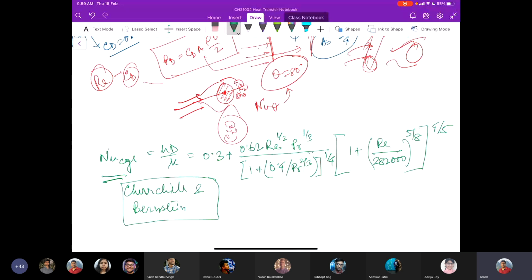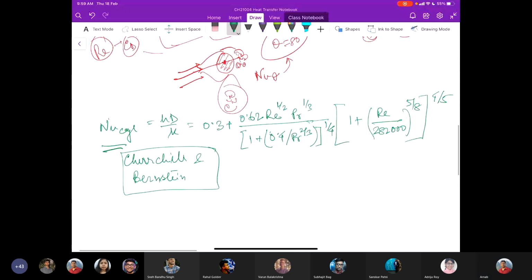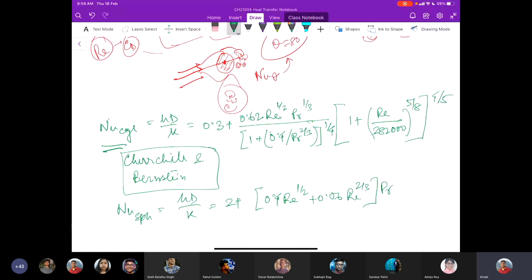So similarly, there are several relations. The one that has been given for a spherical object is a similar one: 2 plus Reynolds number to the power half plus 0.06 Reynolds number to the power 2/3, multiplied by Prandtl number to the power 0.4.